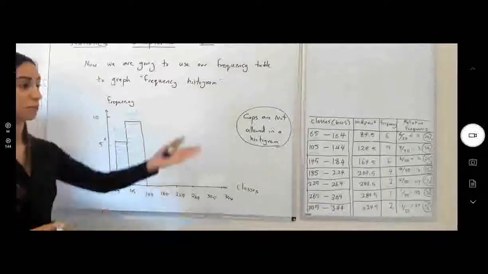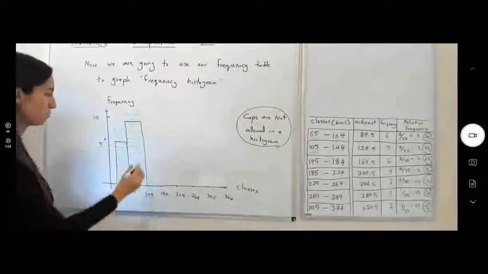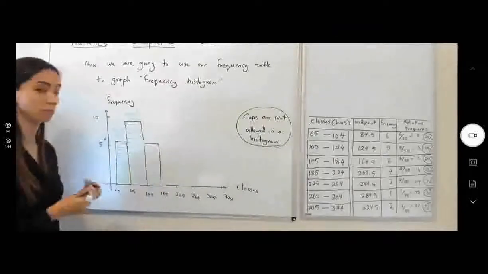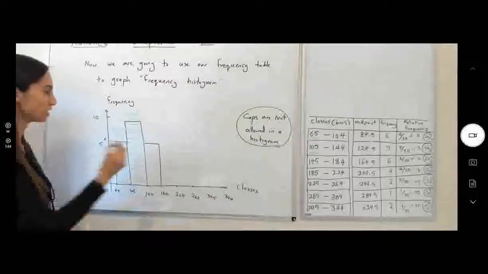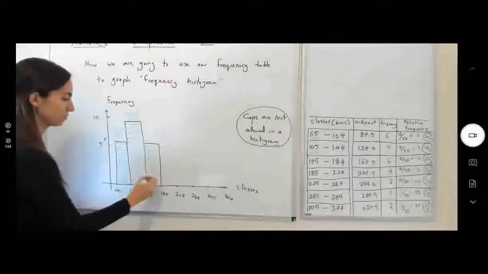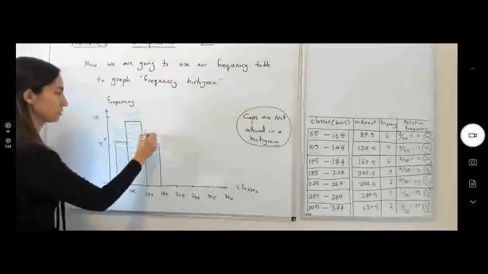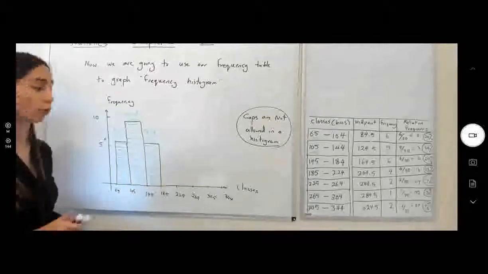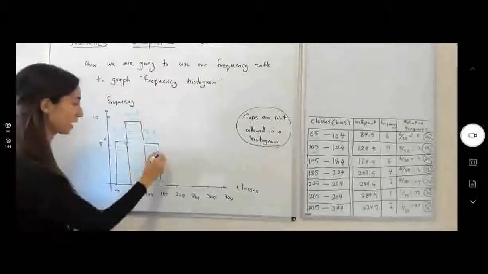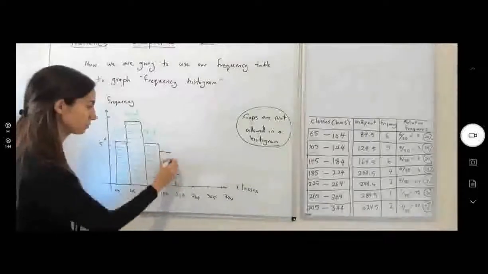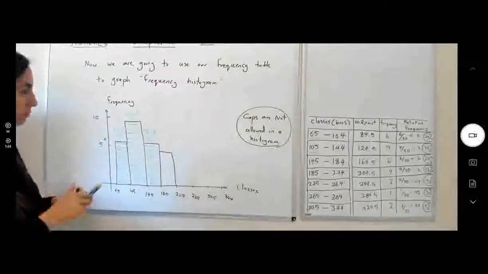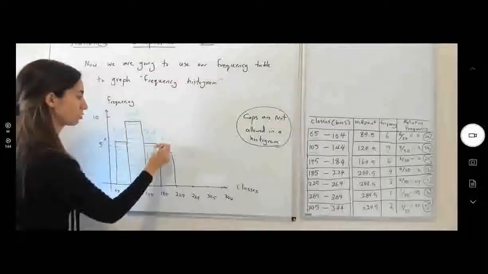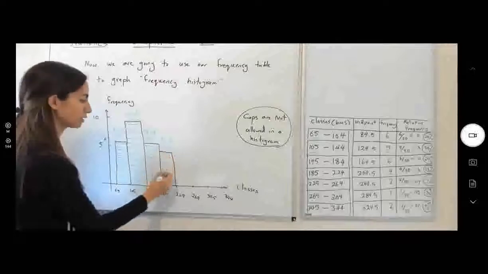Third class, frequency is 6. So my third class and my first class have the same frequency, similar bars. My third class. My fourth class, the frequency is 4, so I'm going to stop at 4. This is my fourth class with frequency 4.